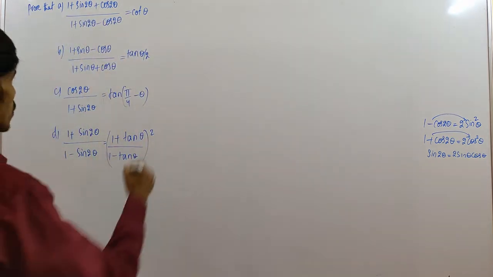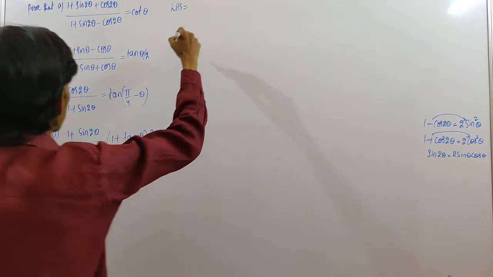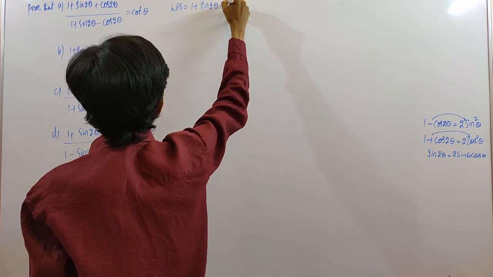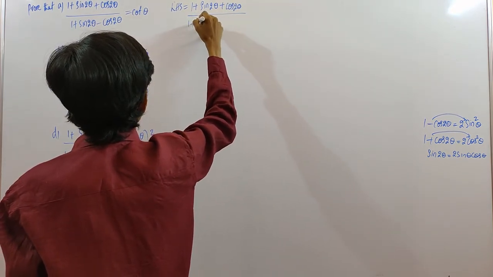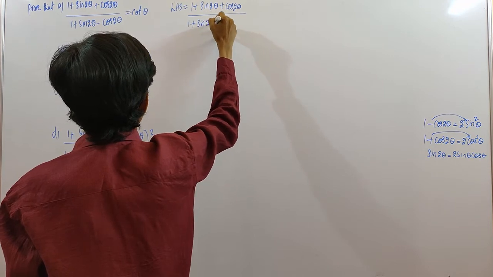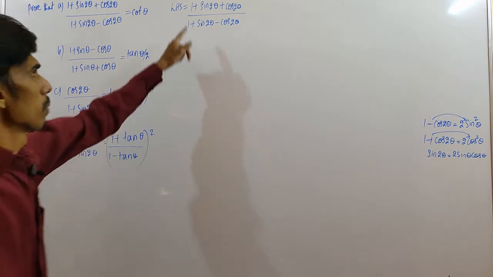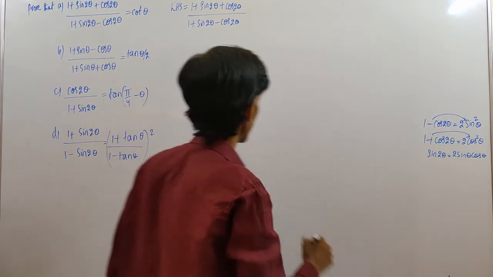Now let us take the LHS: 1 plus sin 2 theta plus cos 2 theta divided by 1 plus sin 2 theta minus cos 2 theta. We do not have a formula for 1 plus sin theta, but for 1 minus cos theta and 1 plus cos theta we do.